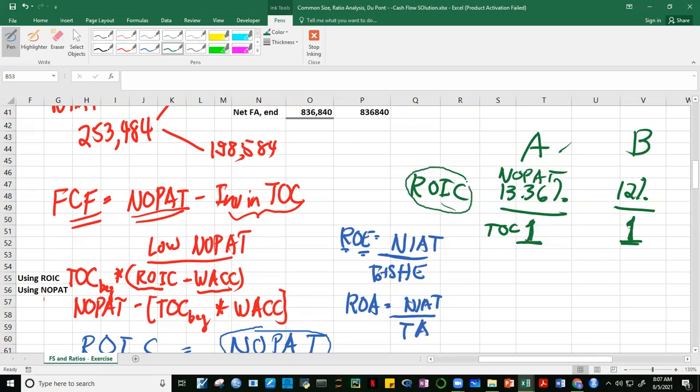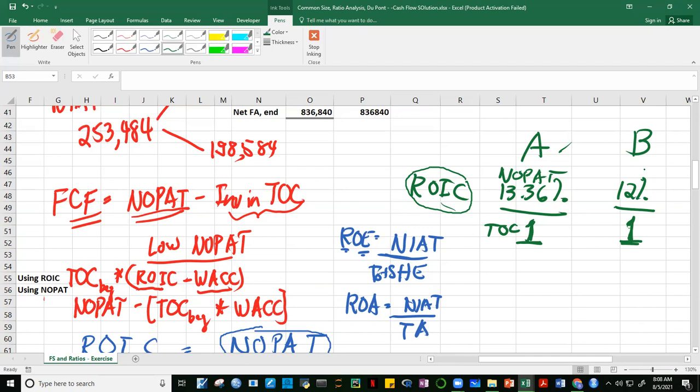But not using NOPAT alone, because A may have only 100,000 while B has 1 million, and yet that doesn't tell us the whole picture. How much operating capital was given to them to generate that 1 million? We can just say that B had a greater NOPAT, 1 million against A's 100,000, but we cannot say that B performed better.